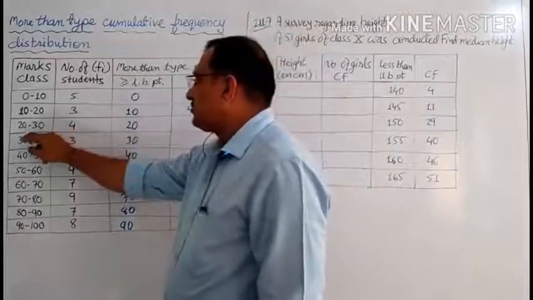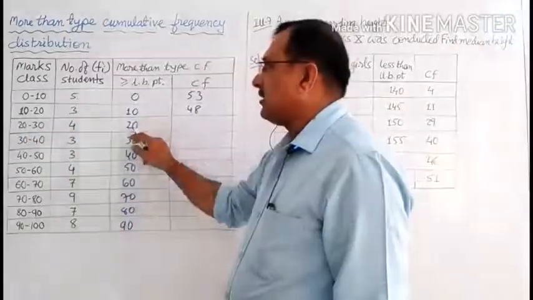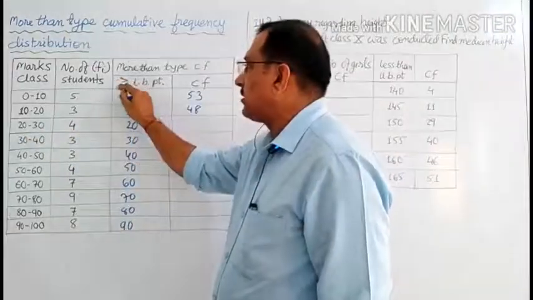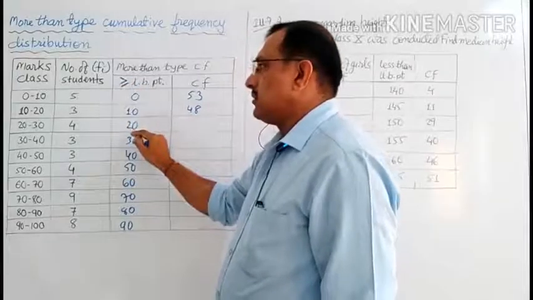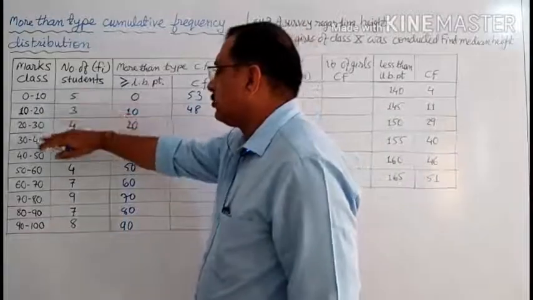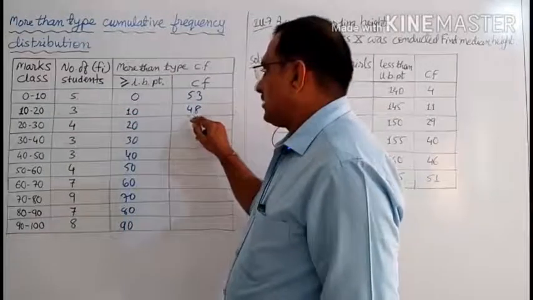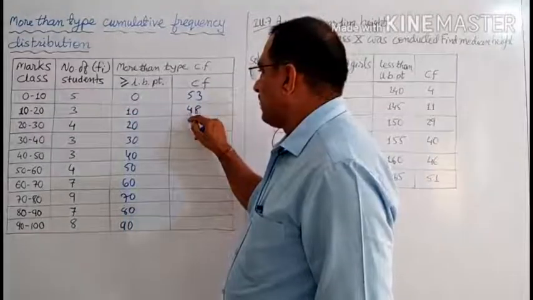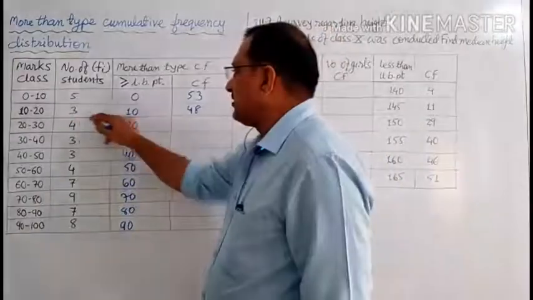Now we want the students having scored marks 20 or greater than that. Up to here, greater than or equal to 10, there are 48 students. But in 10 to 20 there are 3 students.